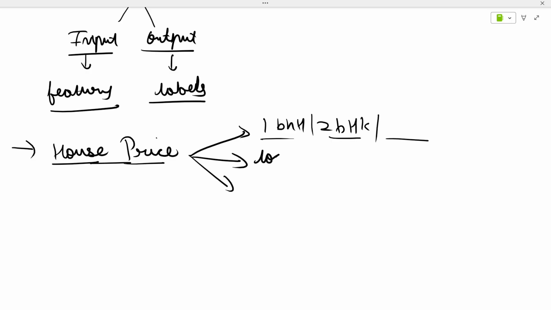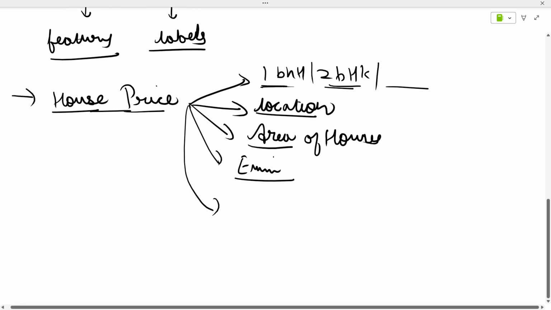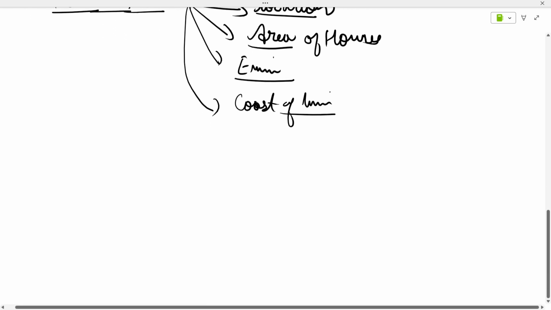What is its location? What is the area of the house? Likewise various things, or you can even consider environmental conditions, surroundings, cost of living. All these factors you will consider.